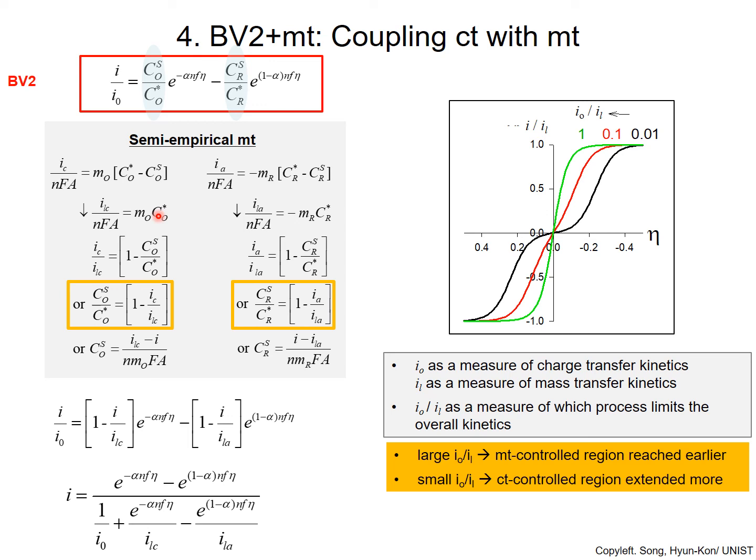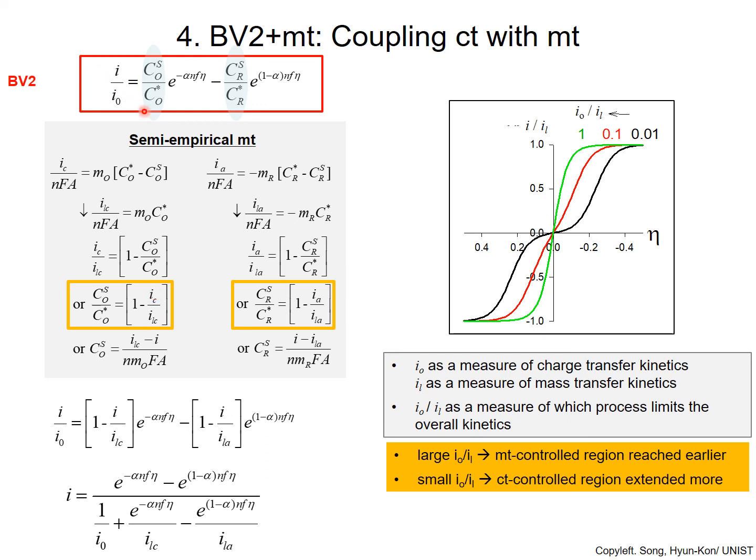And then let me divide the first equation by the second equation. Fractional current is 1 minus fractional composition, or fractional composition is equal to 1 minus fractional current.